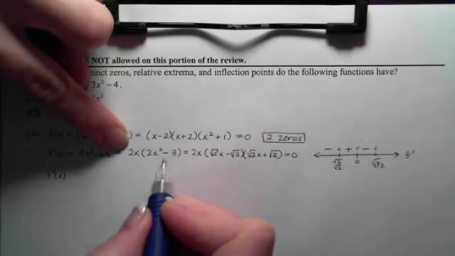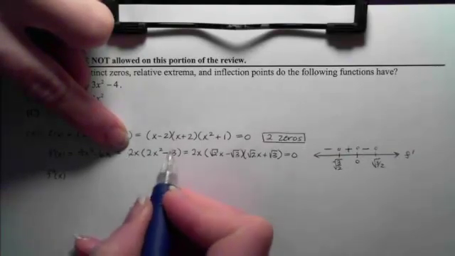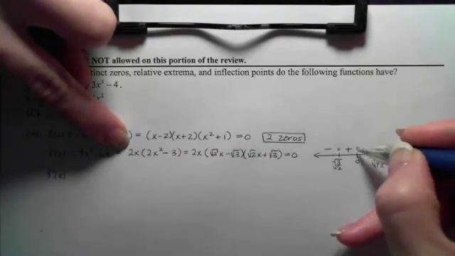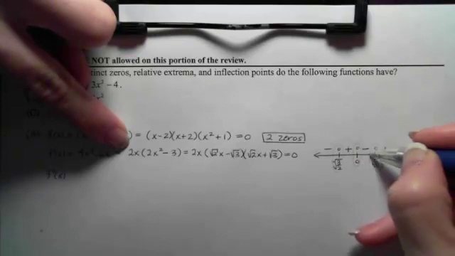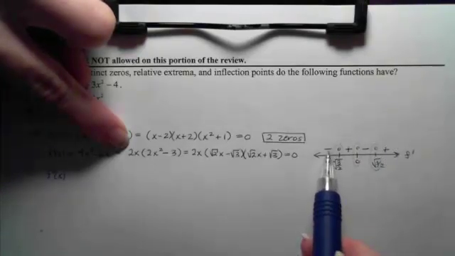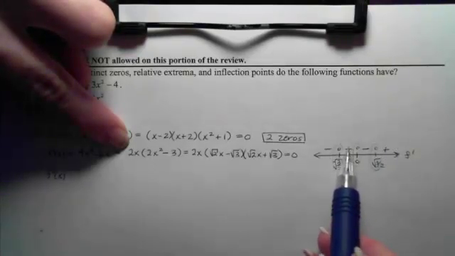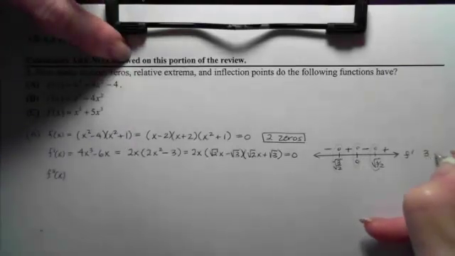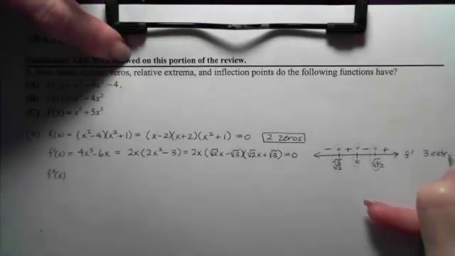And after square root of 3 halves, say at 2, this will be positive and that will be positive. So we can see here that we have a minimum, then a maximum, then a minimum, because f prime changed from negative to positive, from positive to negative, and then again from negative to positive. So we have 3 relative extrema.